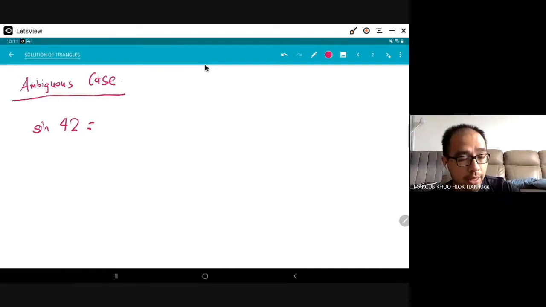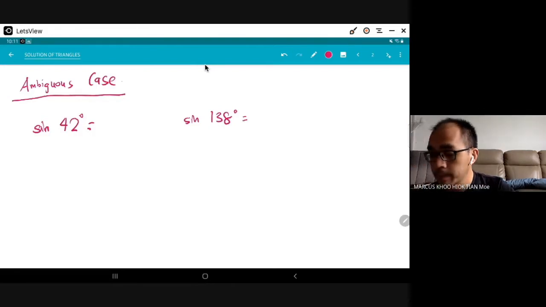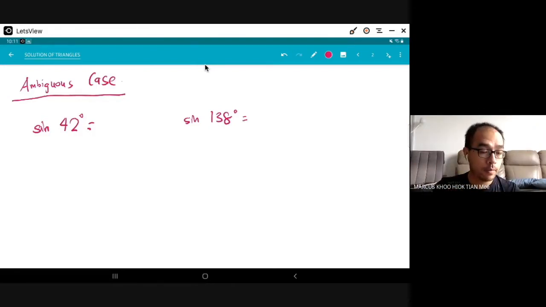Somebody. Give me the value of sine 42, and at the same time, give me the value of sine 138. Four decimal places. Sine 42 and sine 138.